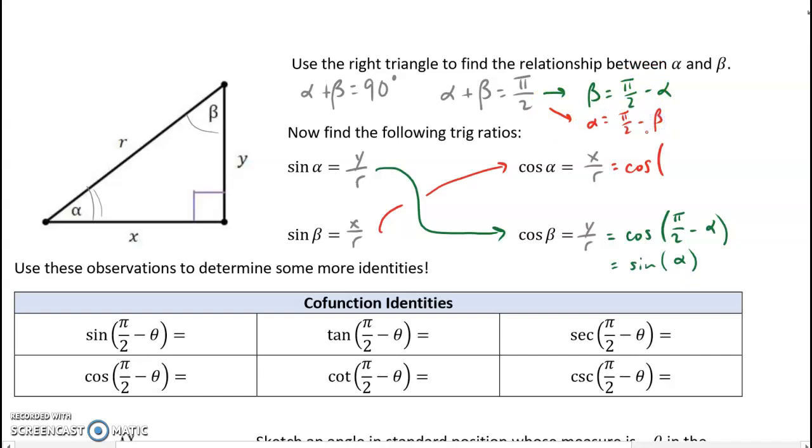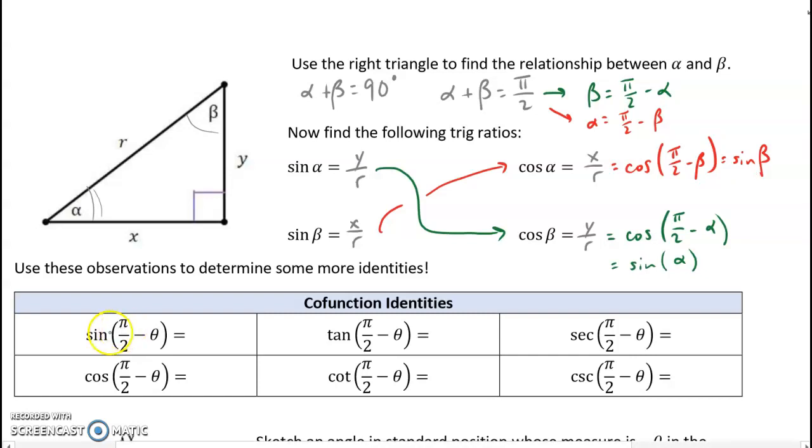That's easy. So we'll replace alpha with pi over 2 minus beta. And that's the same thing as the sine of beta. Okay, so that's interesting. It sure looks like cosine and sine are related in that the supplement angles give us the other function, okay? And this is the co-function identities.